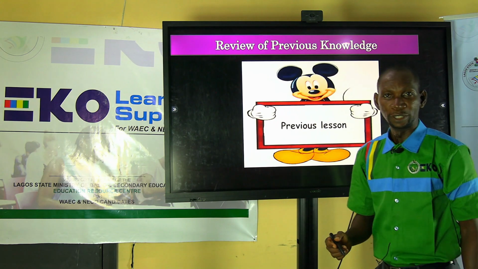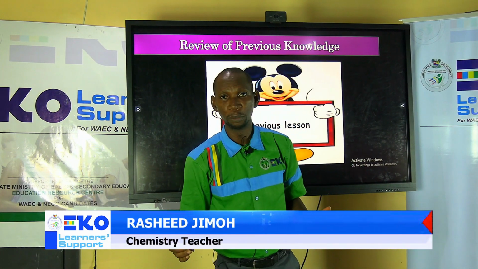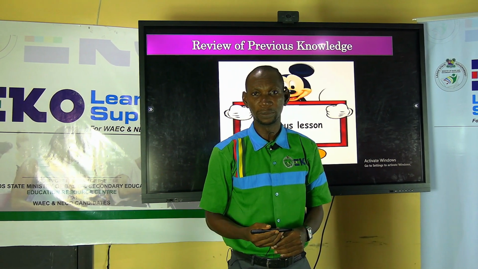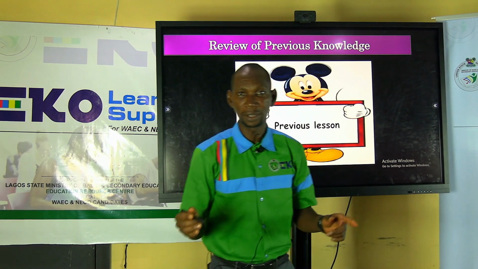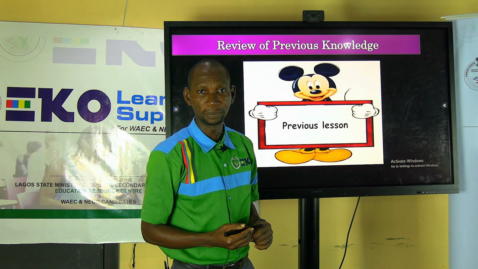All right, you remember that we have a class where we look at IUPAC nomenclature, how inorganic compounds are named. This lesson is the second part, and we will be concluding that topic here.